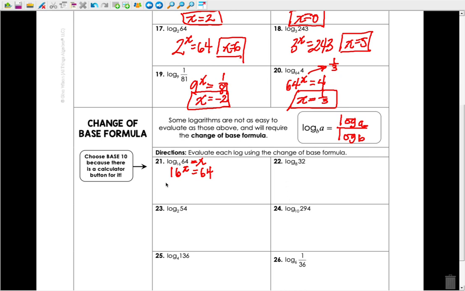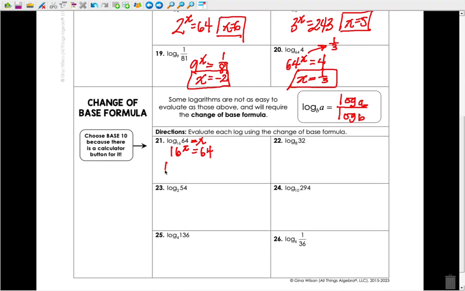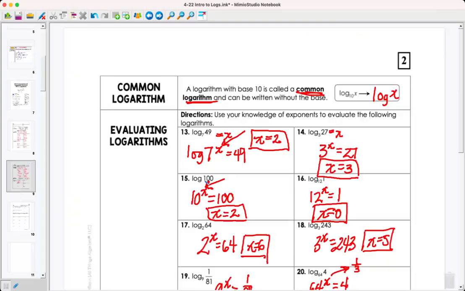I'm going to write it down first, and then I'll show you how to enter it. You will write log of 64 divided by log of 16. Okay, and let me show you how to put that in your calculator. Clear this out.